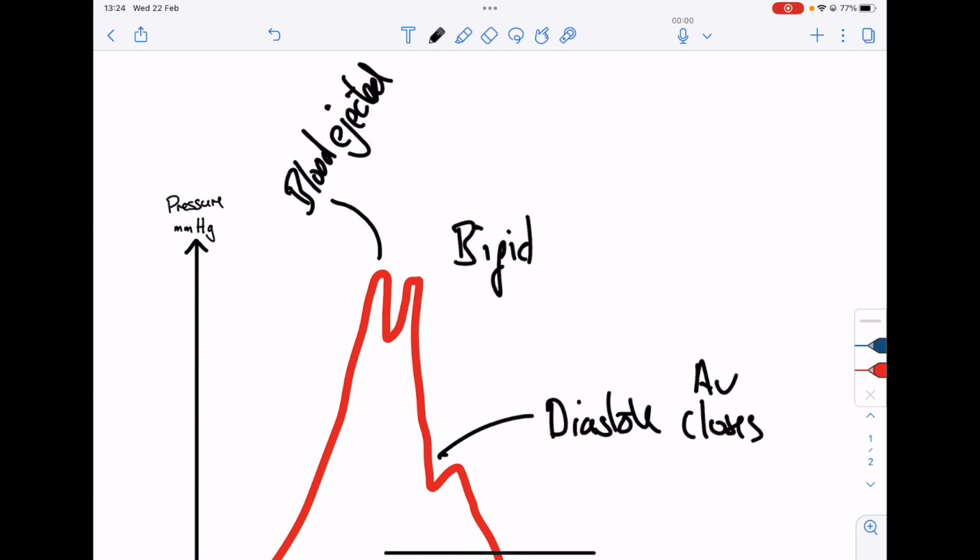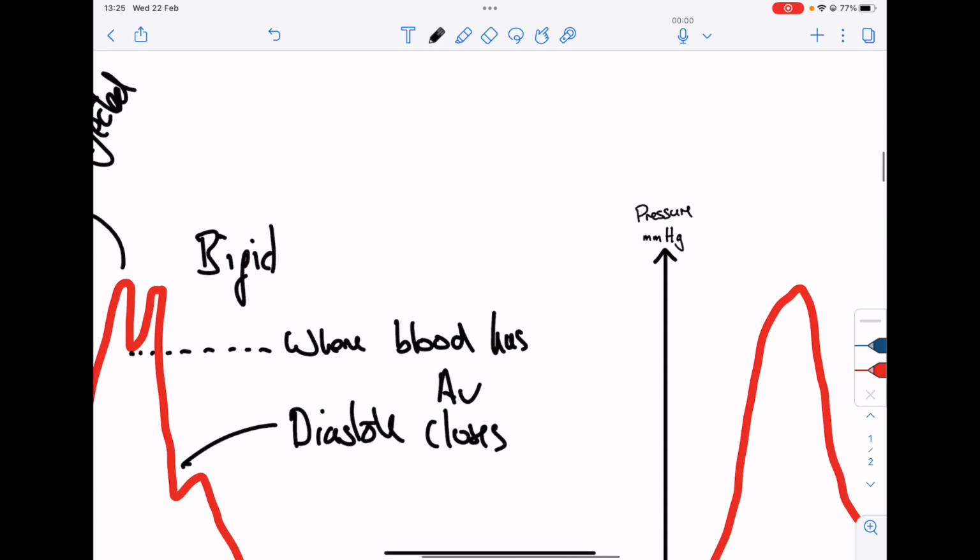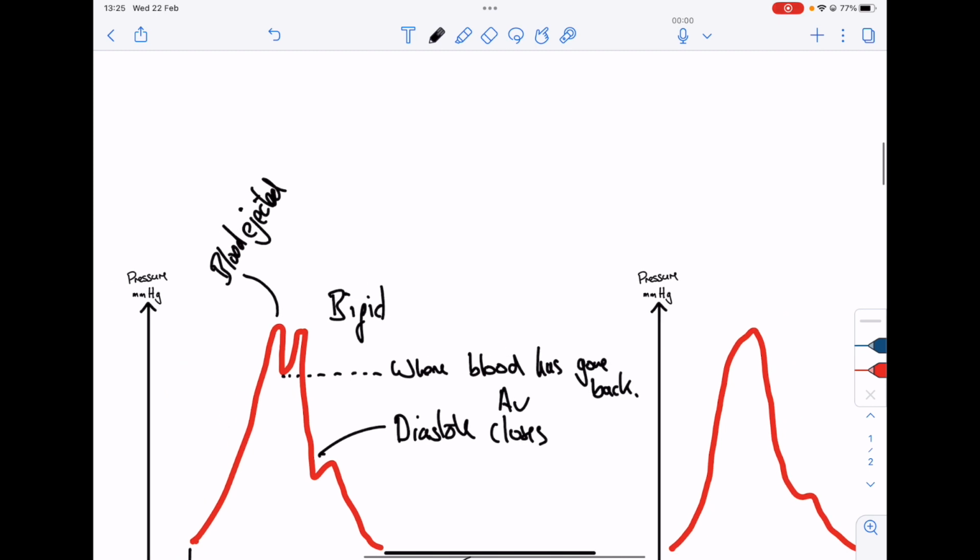However, it fails to close in this situation. So this rebound lurking here is actually where blood has refilled some of the LV, gone back. And then you get this phase of elastic contractility. Spring back, let's call it spring back. I'm not very technical.